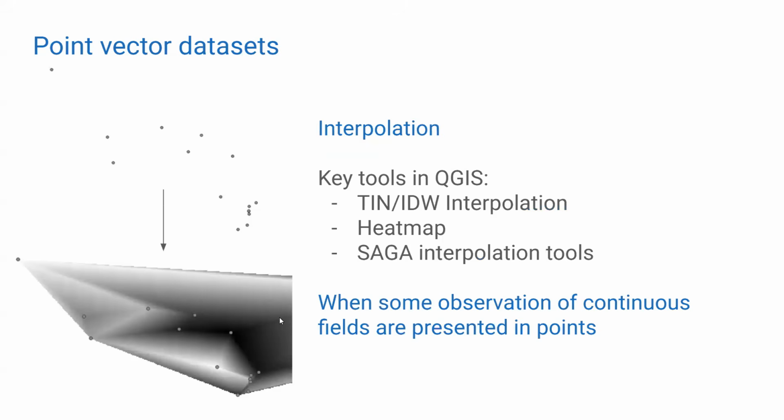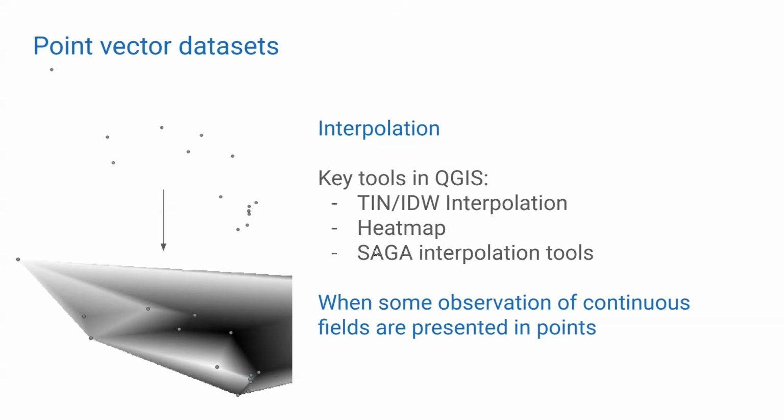If these points we have represent measurements, not just presence of some phenomenon, for example, temperature or, I don't know, concentration of some matter in the soil, etc., you can turn them to raster using one of the various interpolation techniques. For example, you can use triangulation or inverse distance weighting algorithms built in QGIS, or use a lot of algorithms, for example, SAGA provides integrated into QGIS.